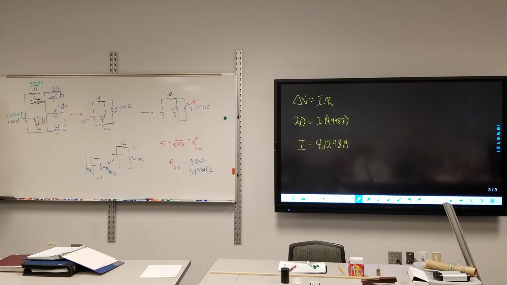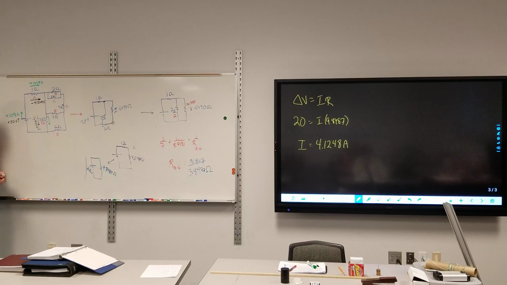So now that I know the voltage drop across the 7 ohm resistor, what is the current flowing across resistor G? 2.2679 amps. How did you get that?